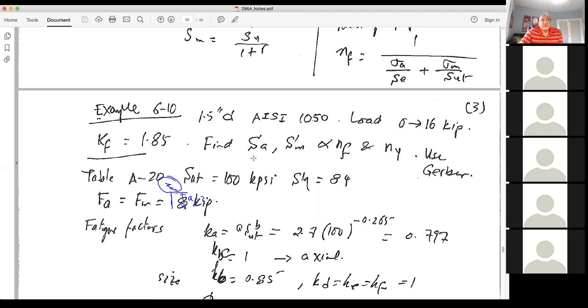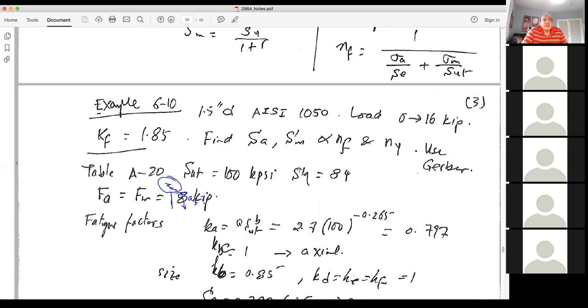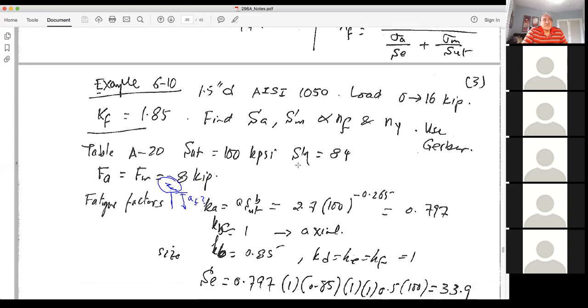Then we want to find the alternating S alternating, SM, and the factor of safety for fatigue and factor of safety for yield using Gerber. So it is more like a graphical problem that we want to solve.